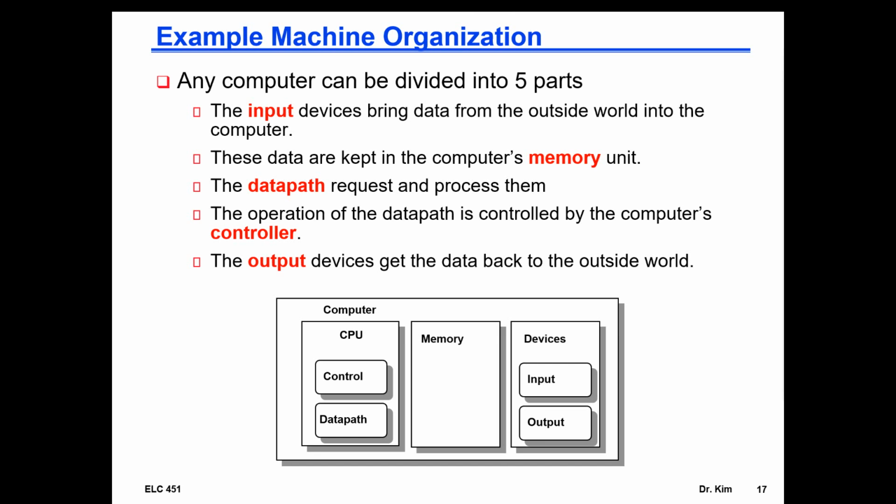Specific to the course, we're going to be talking a lot about the CPU, control and data path. And then in chapter 5, we're going to talk about memory and hierarchy of memories. The input and output devices we're not going to talk so much about, because it's very heterogeneous. You have many types of inputs and output devices.